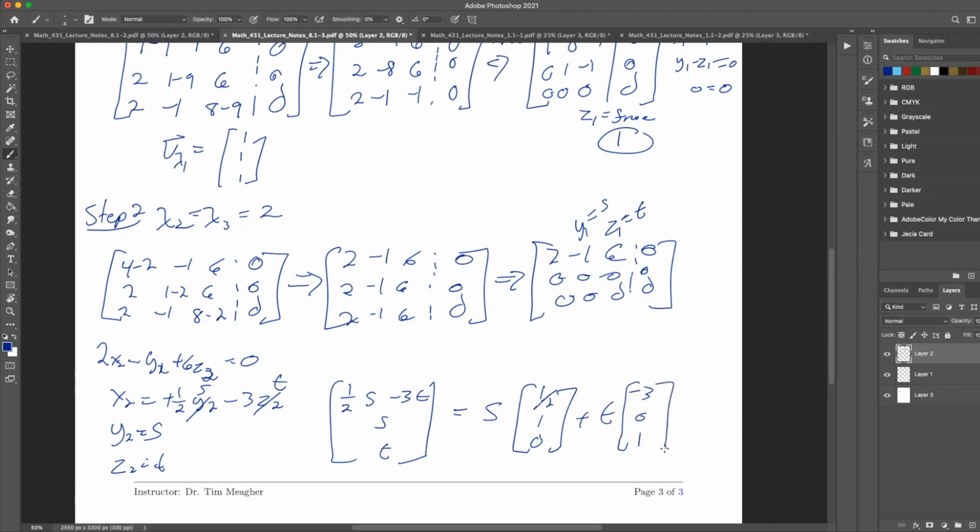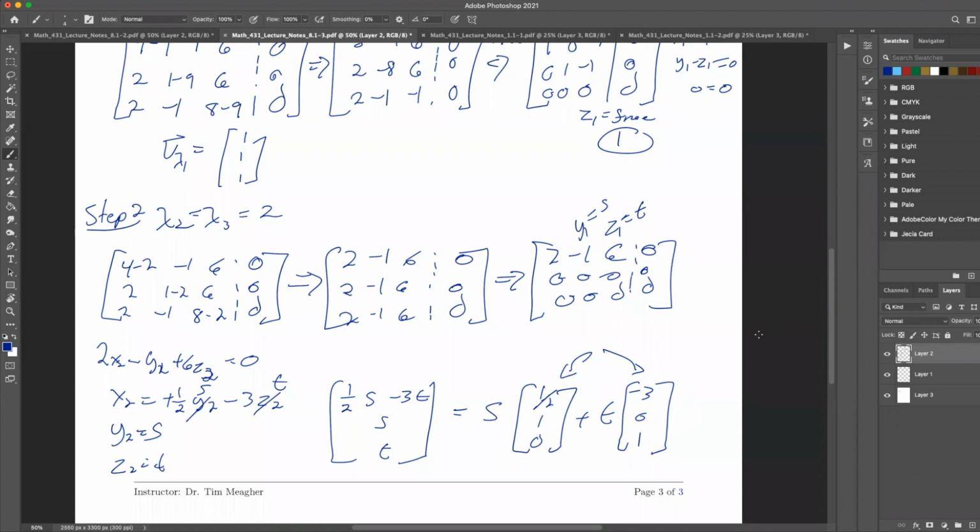I get 2 different vectors. So this vector is different than this vector, right? And they're different in a very particular way, which, if you've had linear algebra, you know that these are linearly independent. If you haven't had linear algebra, we'll cross that bridge a little bit later, okay? But right now, if you just say s and t, you'll be safe.